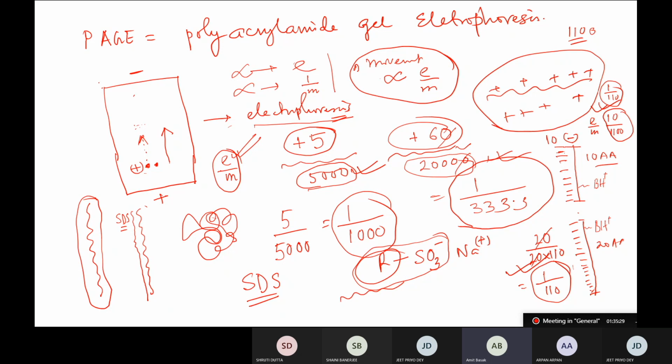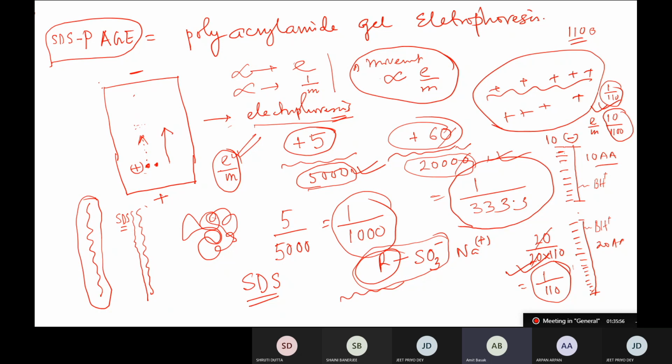So this is what is called SDS PAGE. Again, I repeat, this is very important if you want to do any biochemistry experiment. If you take the protein molecules and add SDS, the protein becomes unfolded and is covered by SDS anions.